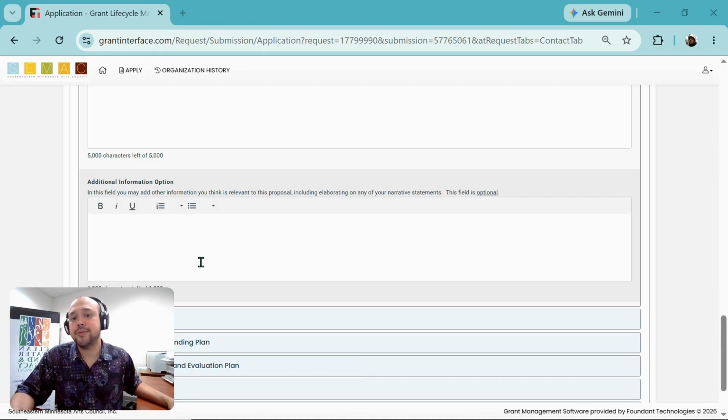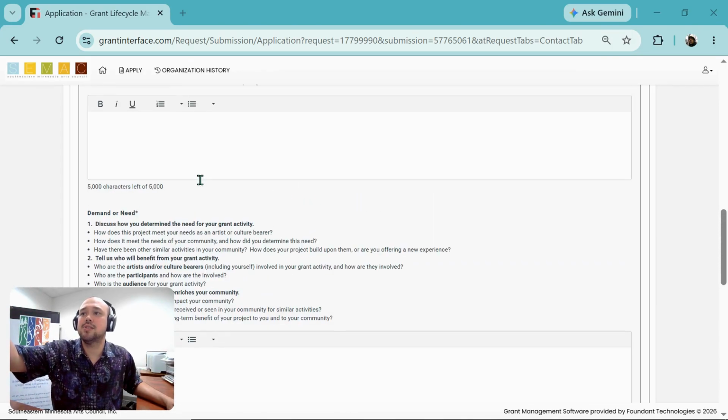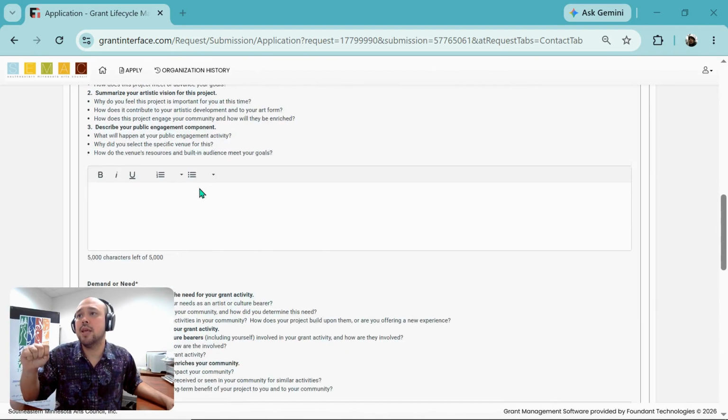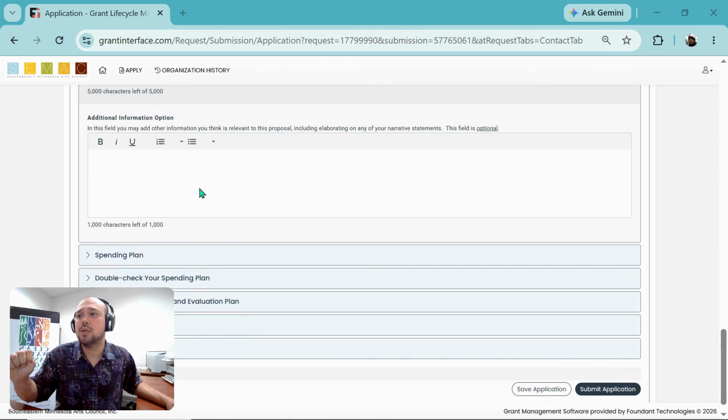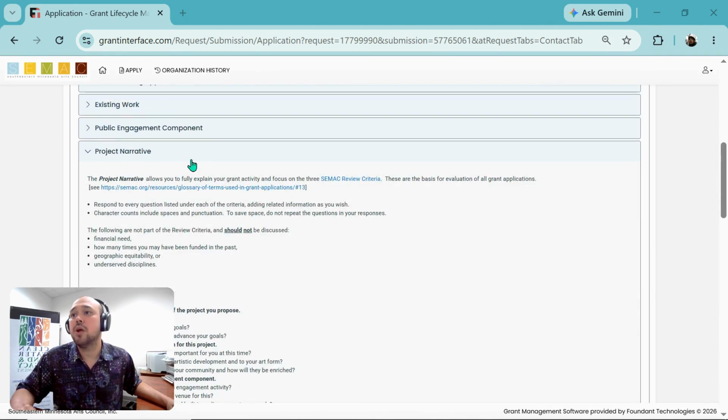The two examples that we reviewed together today did not use the additional information option, so I do not have an example, but you can see why they didn't need this section, just because of how much they were able to include in each text box at the top there. So yeah, we have reviewed everything. I hope this was useful. That is all for the project narrative.